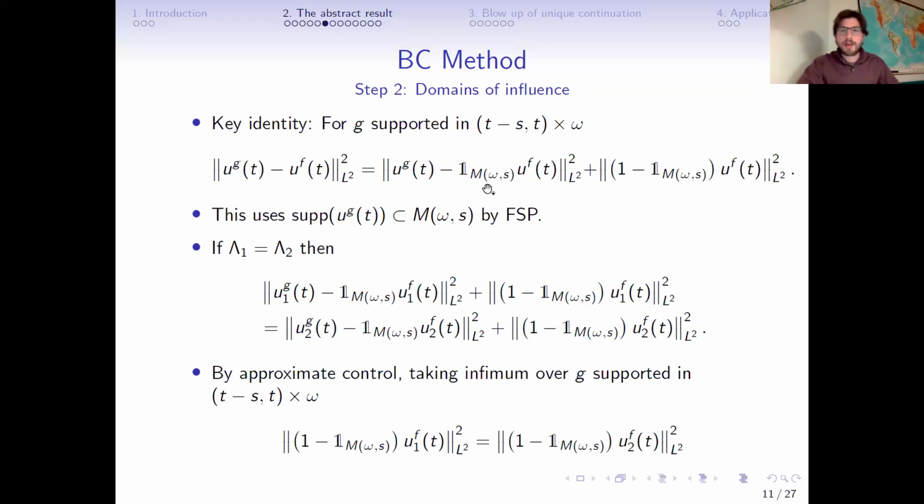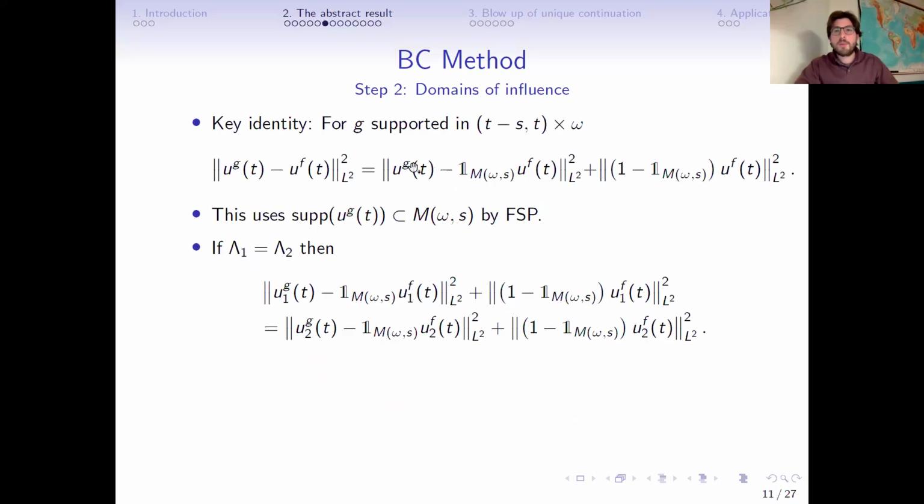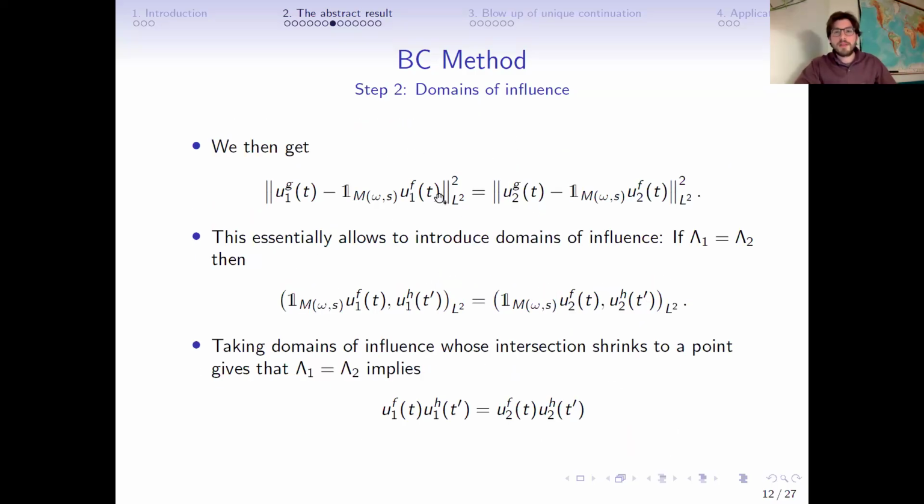Once you have this, you can go back to this equation and you can use this property. The important point is that we had already that the inner products are the same, just for sources G, F, or FH, as I write. But now, using this orthogonal decomposition, and the fact that you can have the same approximate control.